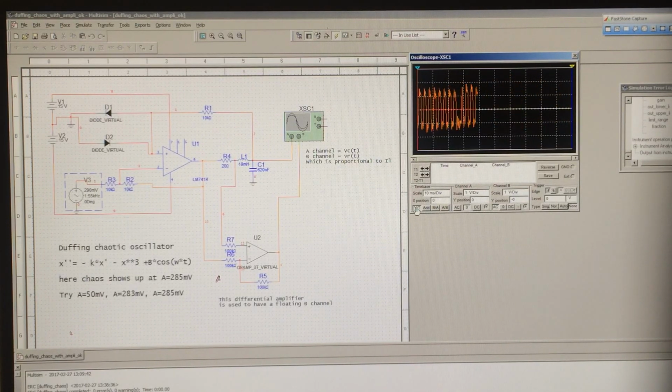So this really simple electronic circuit can be used to show how very small changes of a relevant parameter put a system from a more or less stable behavior into a chaotic behavior, giving rise to the strange attractor.